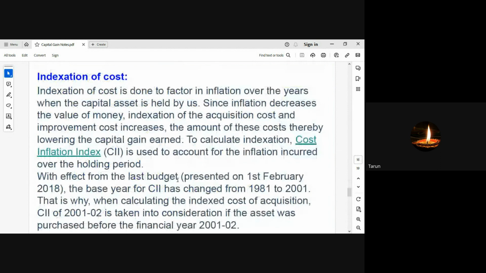See, there is a rule I have already told you. When calculating the index cost of acquisition, the CII of 2001-02 is taken into consideration if the asset was purchased before the financial year 2001-02.